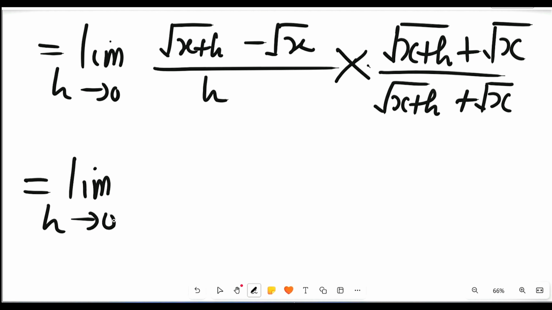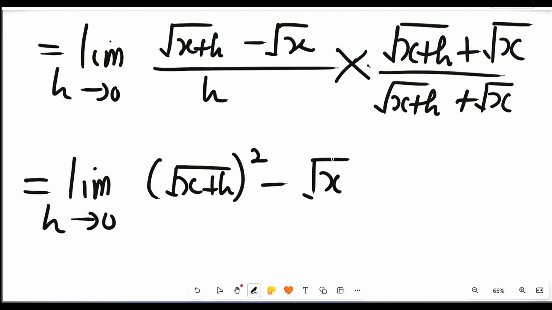Then the numerators will multiply each other, so we can apply the concept of difference of two squares over here. So we are going to get square root of x plus h squared minus square root of x also squared.